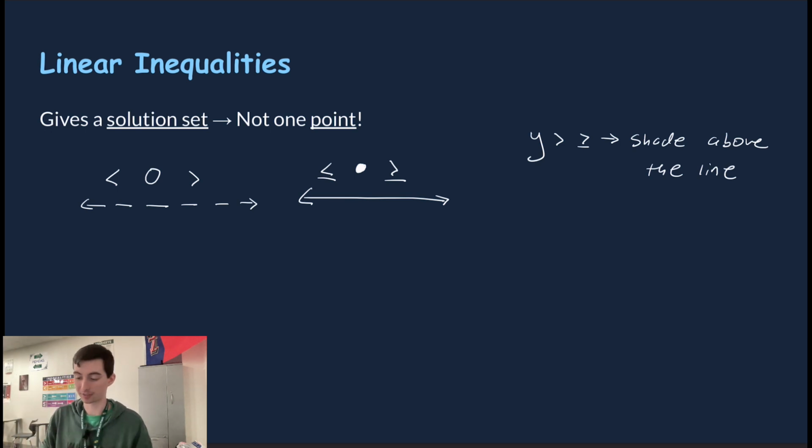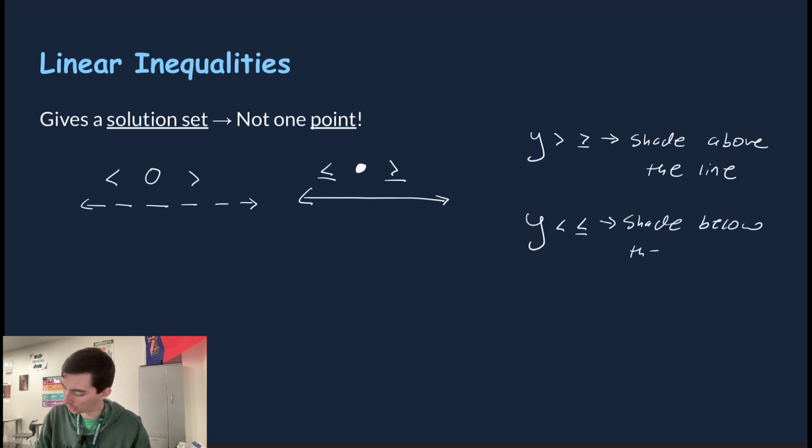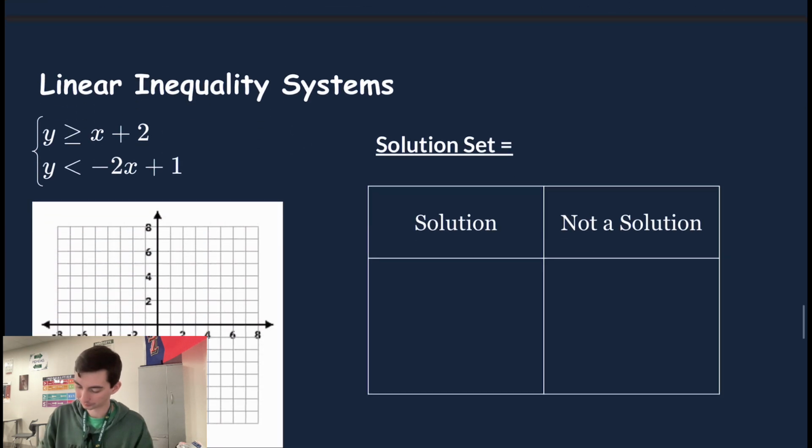Anything shaded is a solution. And oppositely, if we have y less than or equal to, we want to shade below the line. Anything that's shaded is a solution. Okay? So let's look at an example.